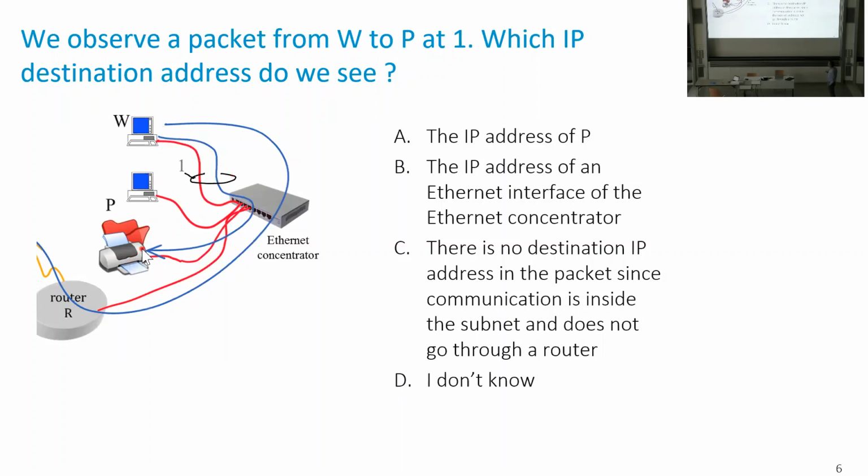It is in theory possible for W to communicate with P without using TCP-IP. This is called legacy protocols, and in the past there were many of them. There is still a domain where that exists: industrial networking.